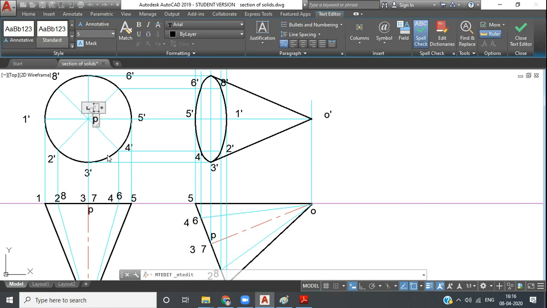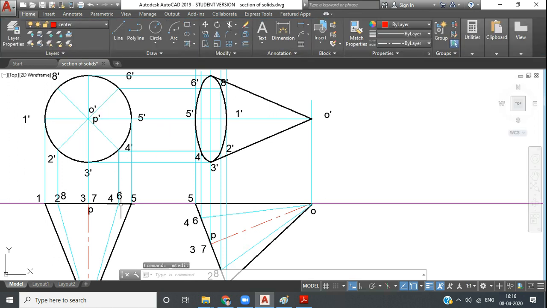There are 2 points here, O dash at the top and P dash at the bottom. The line O dash P dash will be your axis, but now there is a twist here.